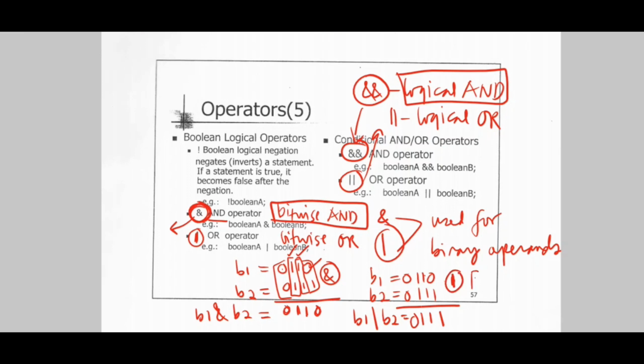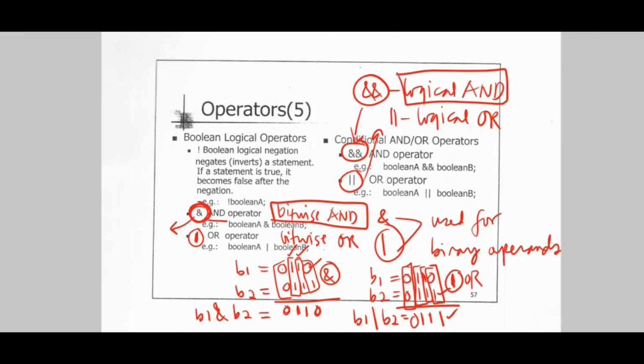So take note that the bitwise OR will result in 1 if at least one operand is 1. So this is 0 or 1, there is a 1 here, so the result is 1. 1 or 1, both are 1, so it is 1. 1 or 1, both are 1, so 1. There is no operand 1 in here, so it is 0.